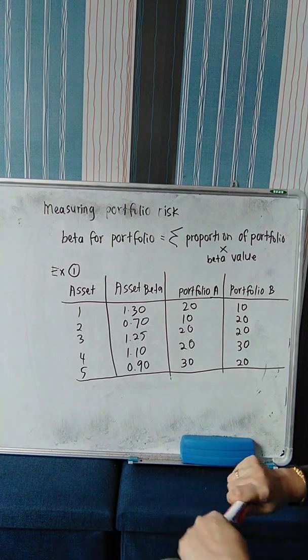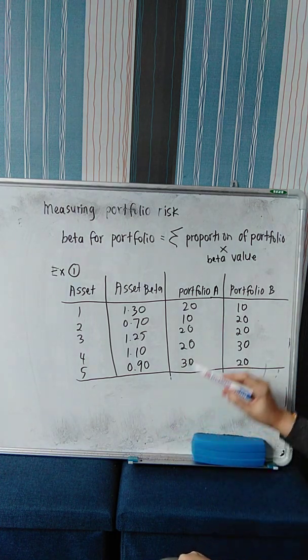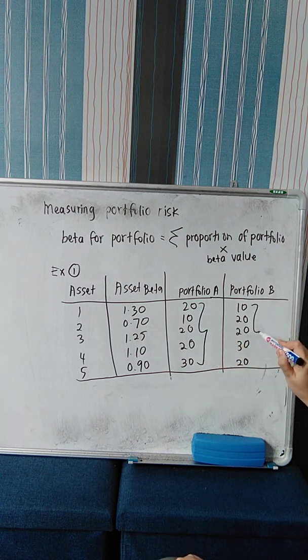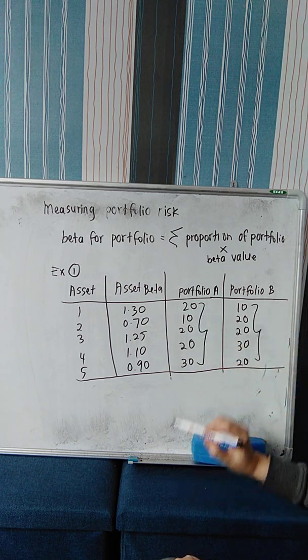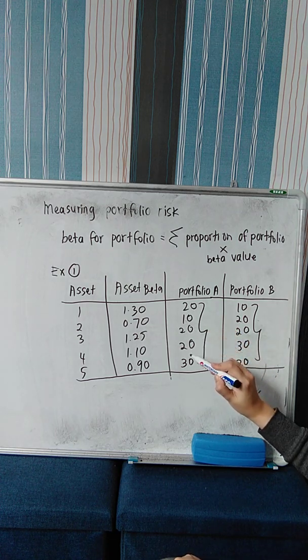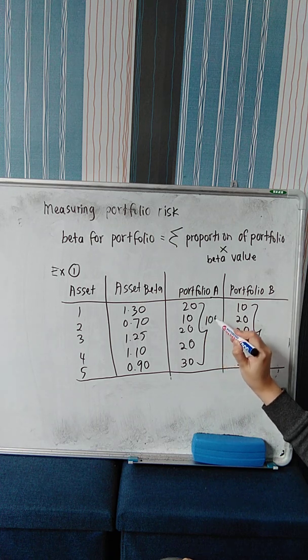Okay, so how to answer this example? The first step, you must total up the portfolio A and total up the portfolio B. So 20 plus 10 plus 20 plus 20 plus 30. The answer is 100.